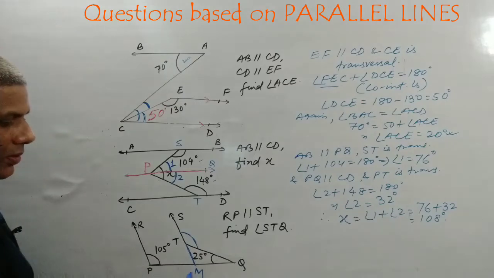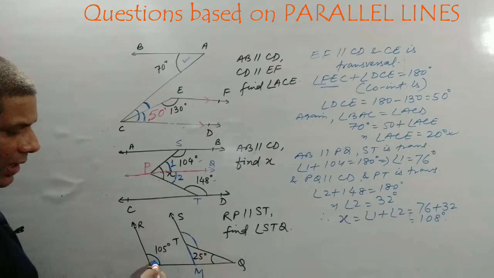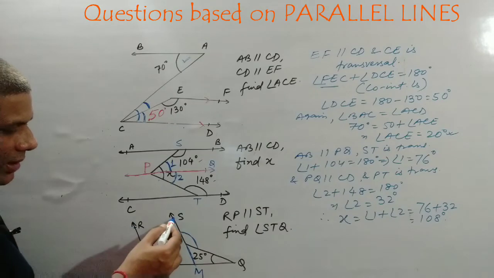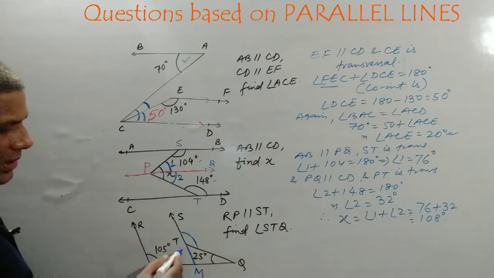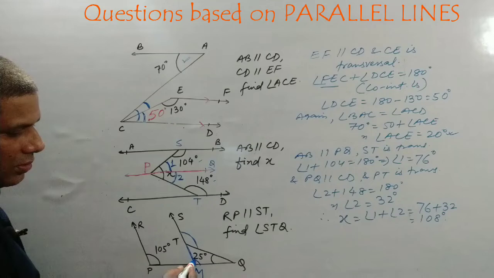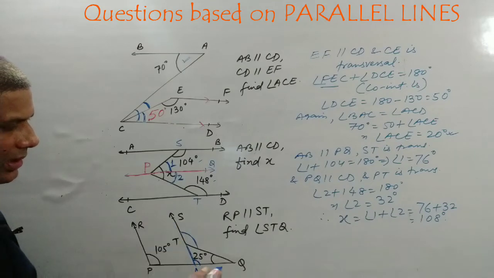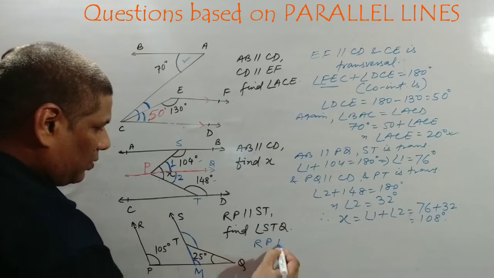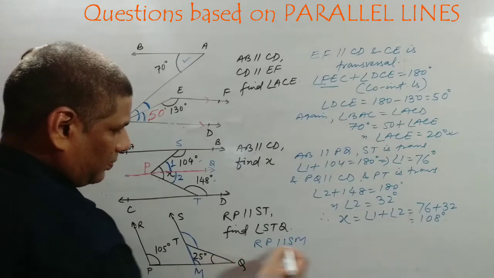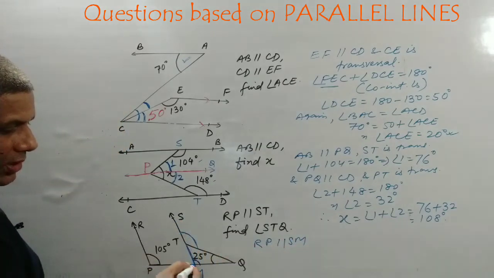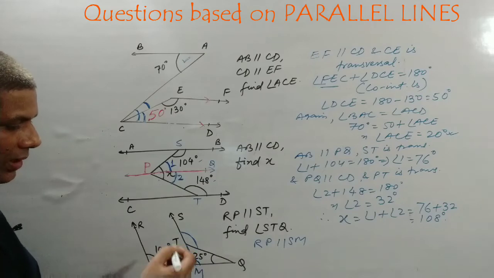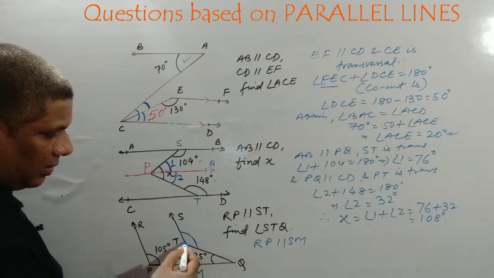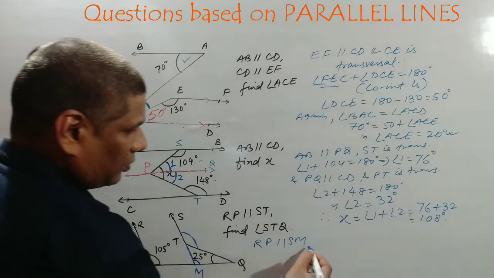Mark it as M. Now this is 105, and by the parallel line property, if this line and this line are parallel, then this angle will be equal to this angle, angle SMQ. Since RP is parallel to SM, we have joined PQ to M by producing ST to M. This is angle TMQ.